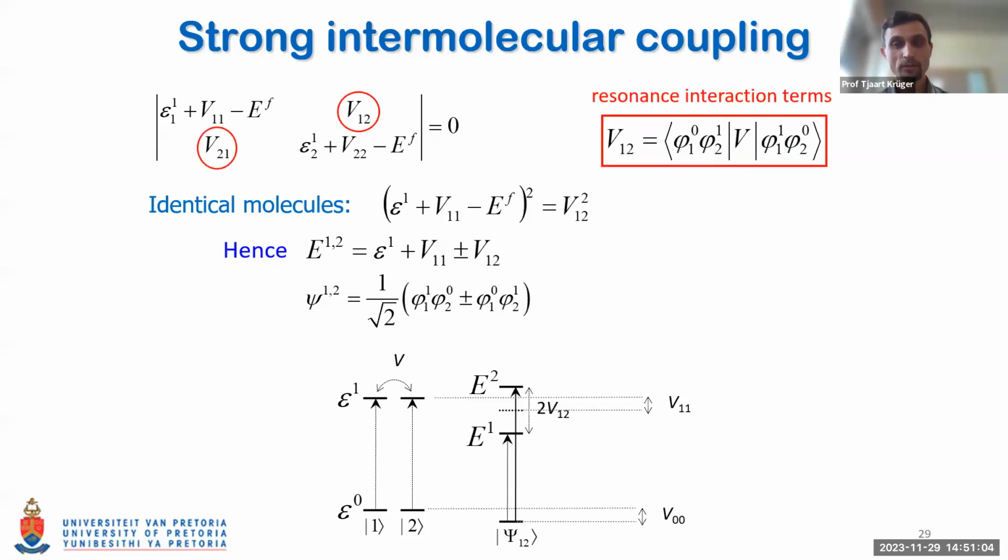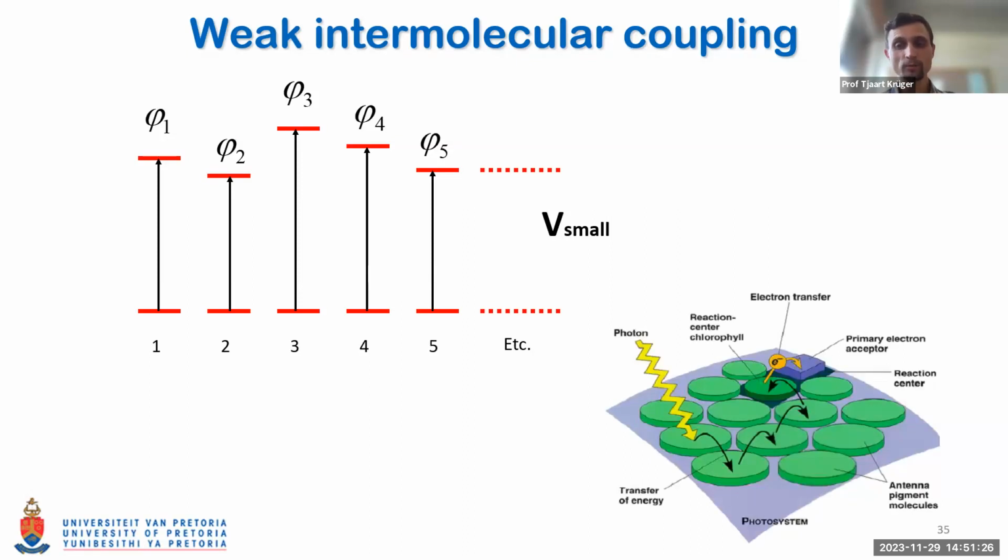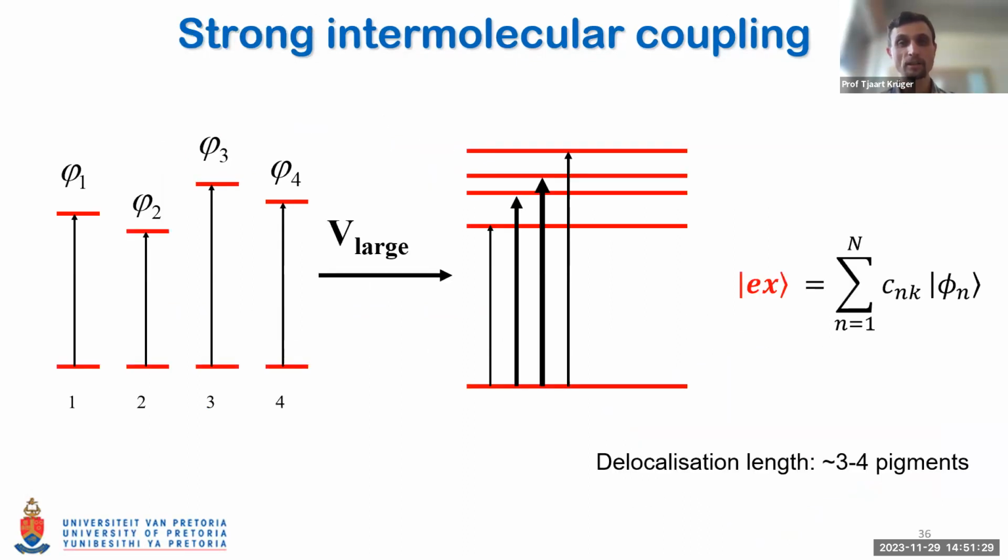Something else to mention here is that V12 and V21 are the resonance interaction terms. They describe the oscillation of the excitation between phi 1 and phi 2. This is the case again for weak intermolecular coupling, where one has the hopping phenomenon of energy transfer. In the case of strong intermolecular coupling, one has to take the linear combination between all the participating dipoles.